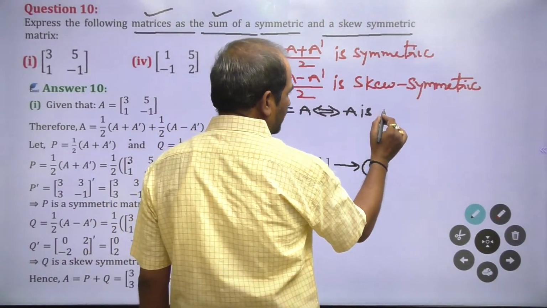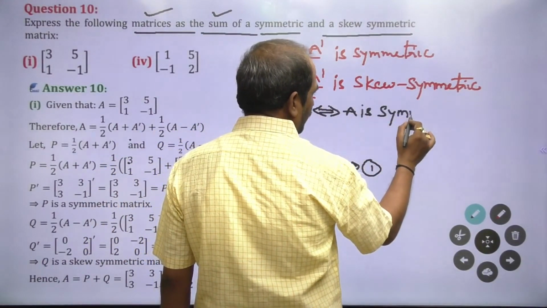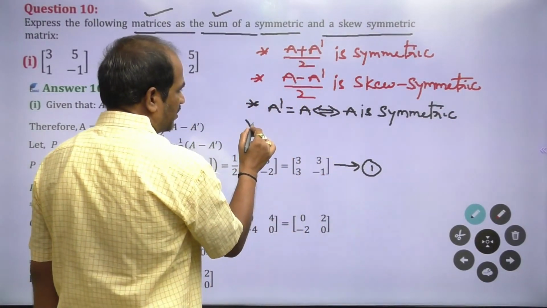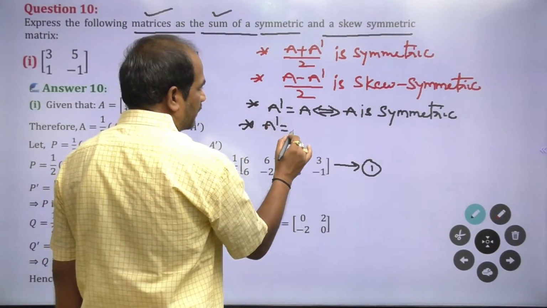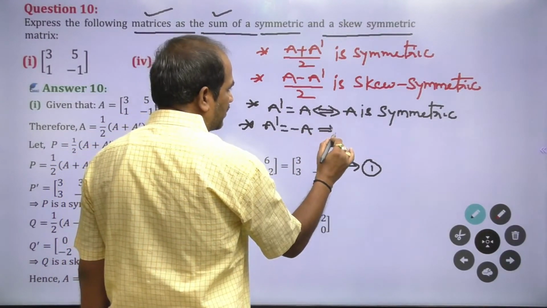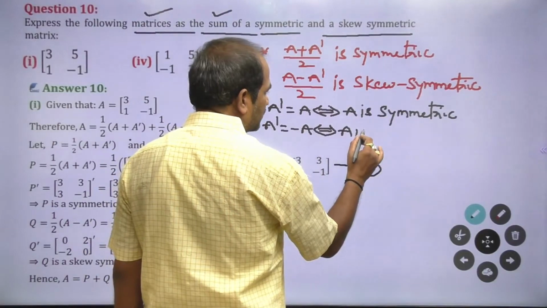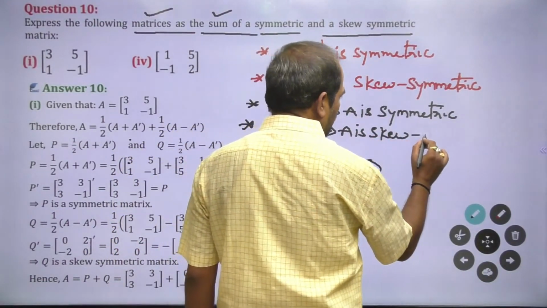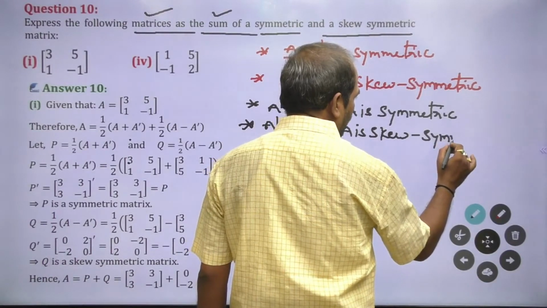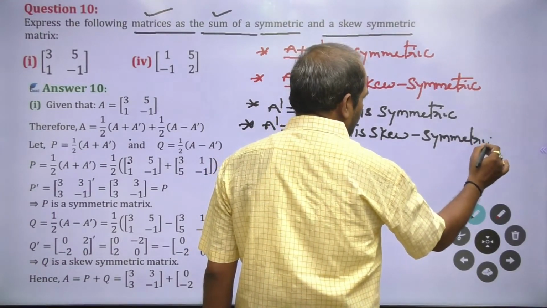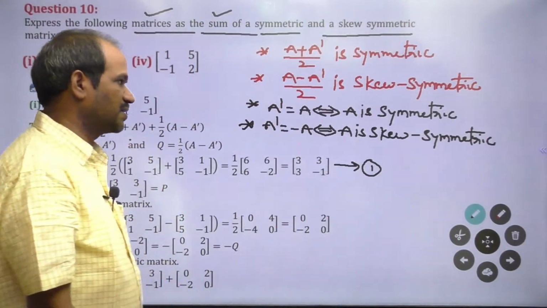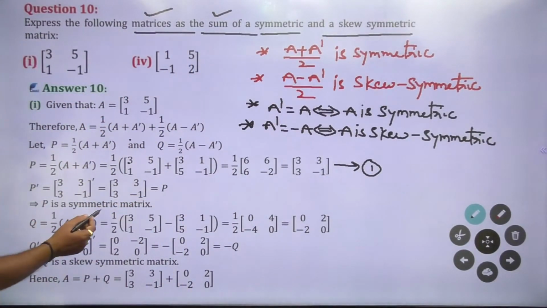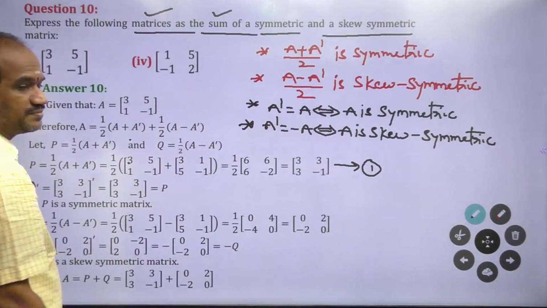The second formula: A dash equals minus A if and only if A is a skew symmetric matrix. Here P dash is equal to P, so this condition is satisfied and P is a symmetric matrix.